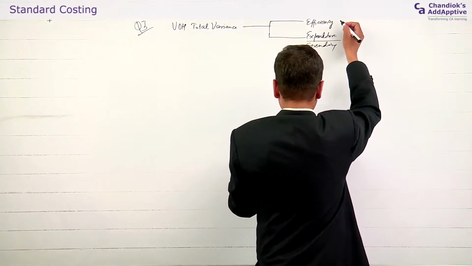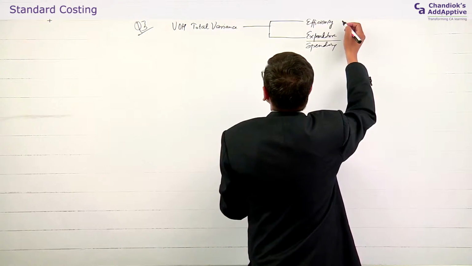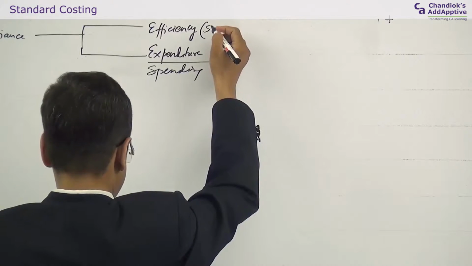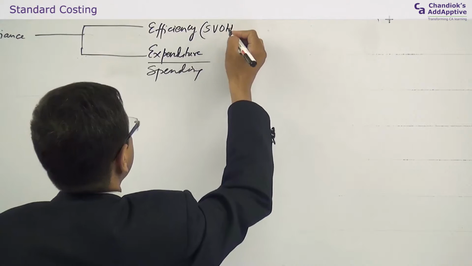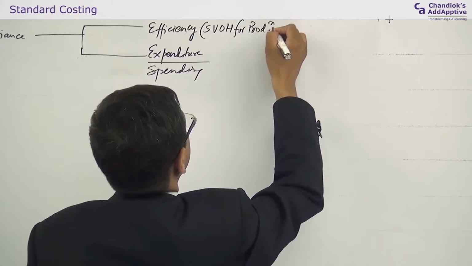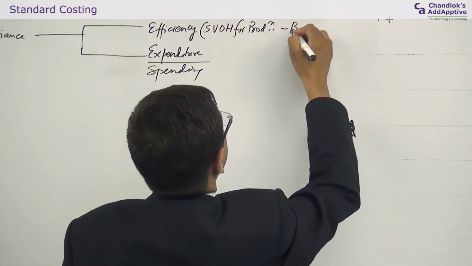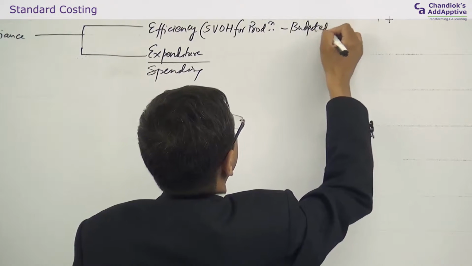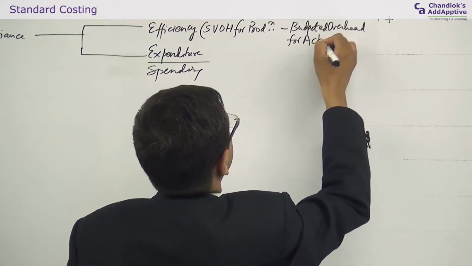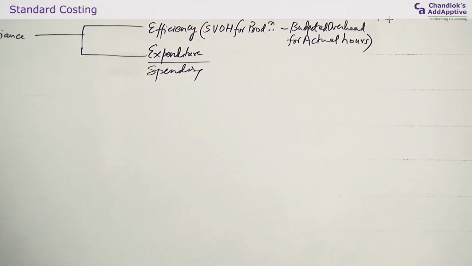So, the formula for the corresponding variable overhead efficiency variance is the following. This is standard variable overhead for production minus budgeted overhead for actual hour. Right?